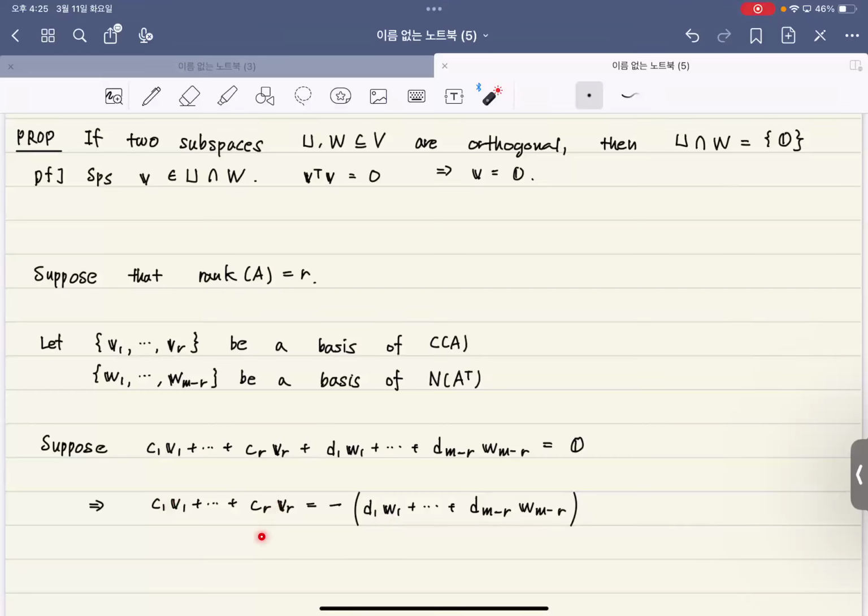So this vector, which is exactly the same vector, must lie in the intersection of the two spaces. The only vector that lies in the intersection of these two must be the zero vector. So the column space part must be zero. Since we have chosen these as a basis of the column space, they are automatically linearly independent. Therefore, this equaling zero means that C1 to CR equal zero. And the other equaling zero means D1 to D(M minus R) must also be all zero.